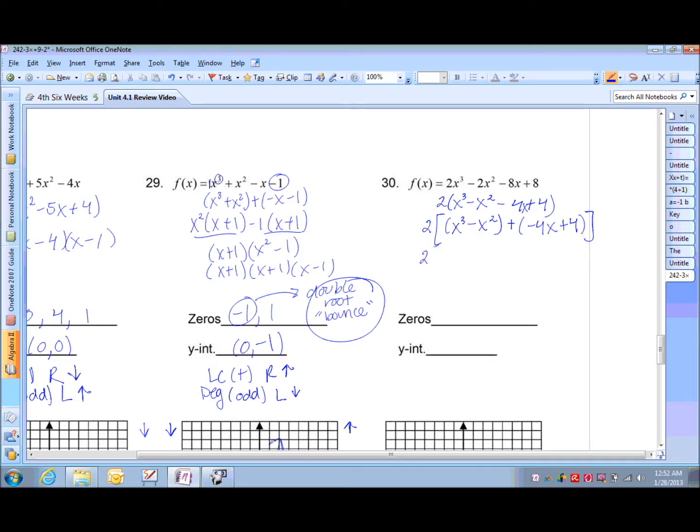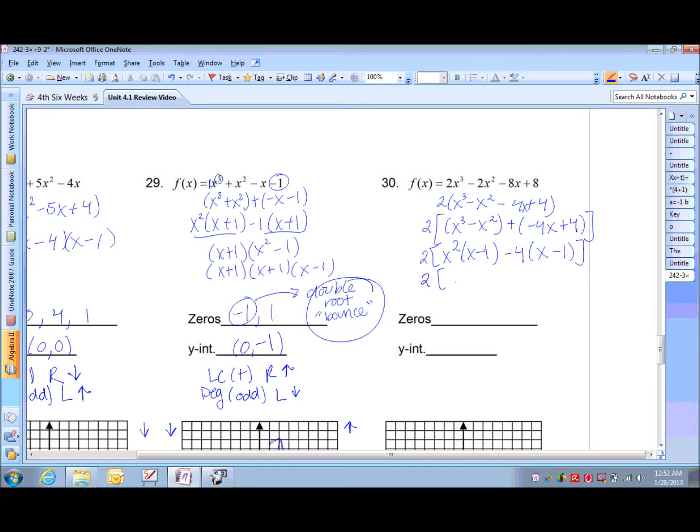Okay, then I do the same thing, pull out the GCF, so I'm going to pull out an x squared, and I'm left with x minus 1. And then I'm going to pull out a negative 4 of the second set of parentheses, and I'm left with x minus 1 again. Okay, these two terms have x minus 1 in common, so that's what I'm going to pull out.